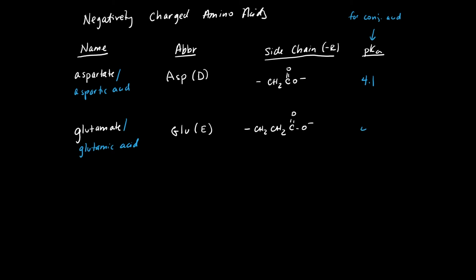And the acid has the same pKa value as aspartate, 4.1. Okay, so those are all 20 amino acids that you need to know with their pKa's and some additional facts about them. So we'll be talking more about amino acids and protein structure in our upcoming classes.